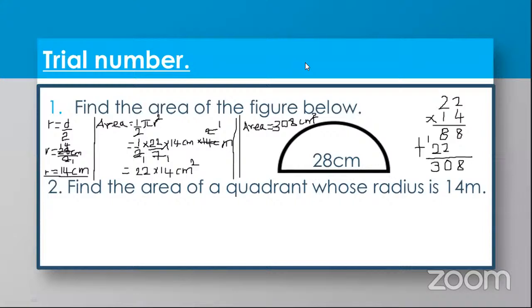Okay, learners, can I get one person also to try this number? Okay, let me ask one learner here to try the number. Yes, is it Cynthia? Can you come on and try?